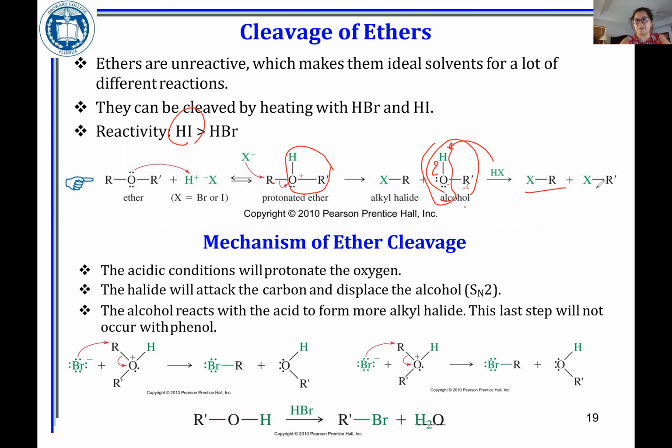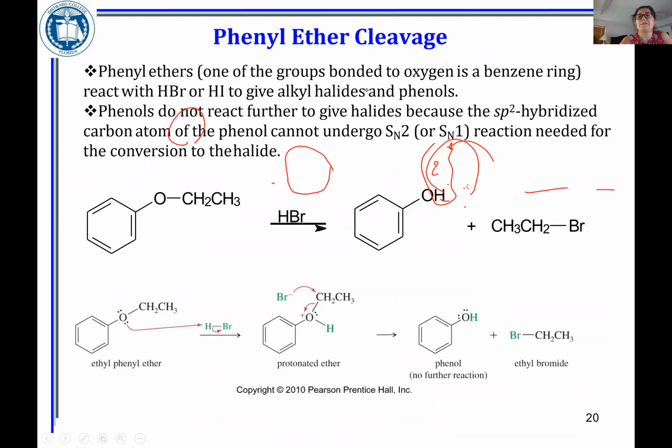So that's the end result. You could have two alkyl halides when you're using HBr. As long as you know at least the first step. The first step is more important, and that's the part that you would see in the exam often. The second step, you don't see it often.